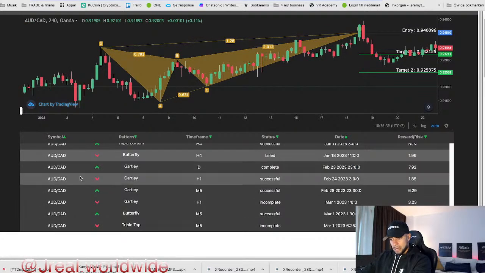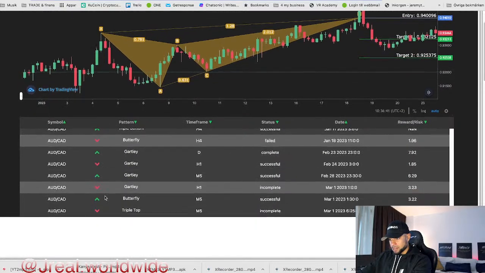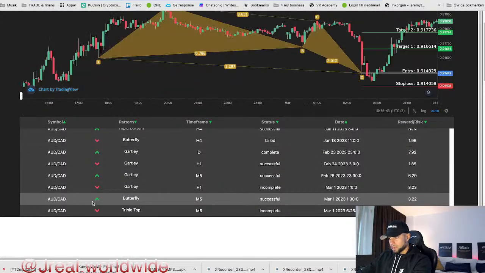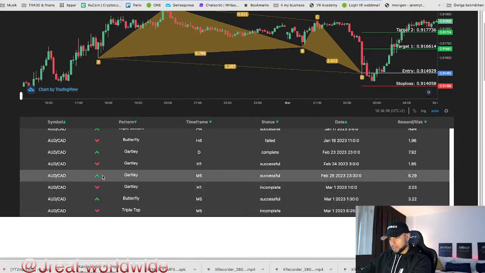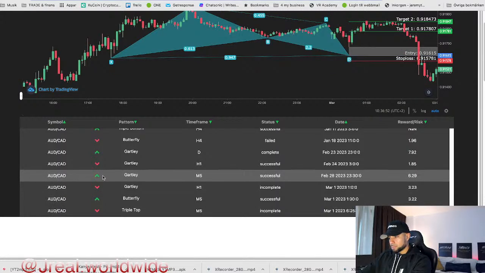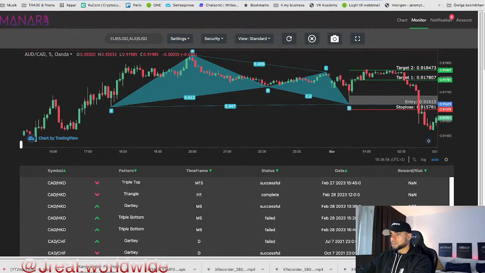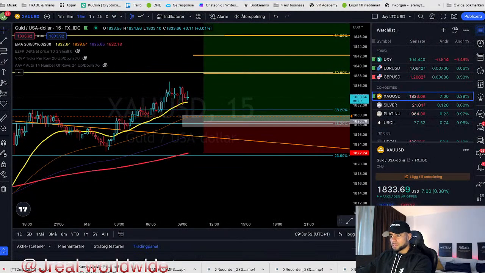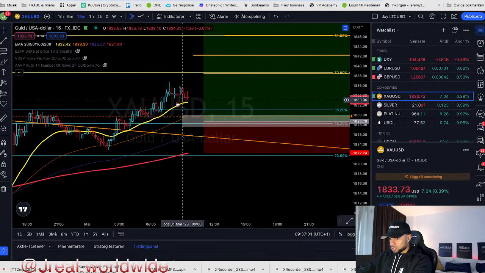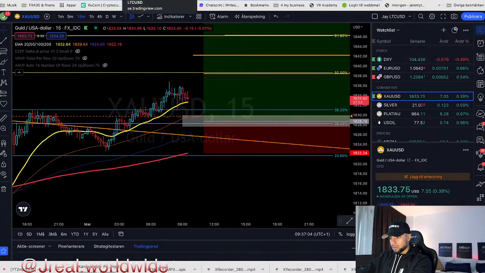And Monero had a lot on AUD CAD. Let's look at this butterfly. Oh snap, this one ran and it went good. Now, nothing here right now for Monero. What is gold doing? Gold is still rejecting the 20-day EMA, but it's getting closer. Let's get back to this.